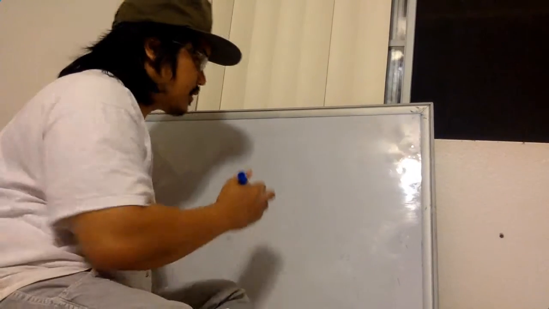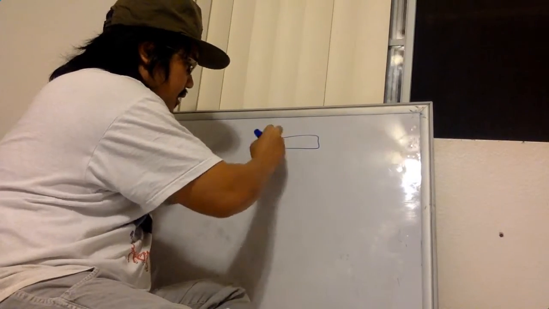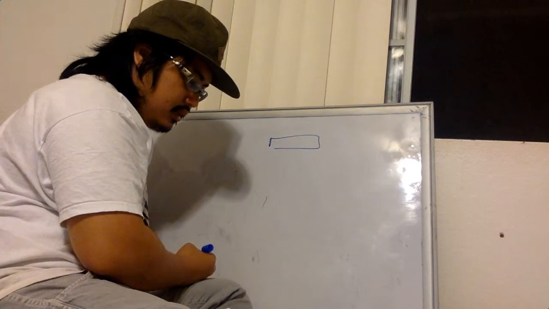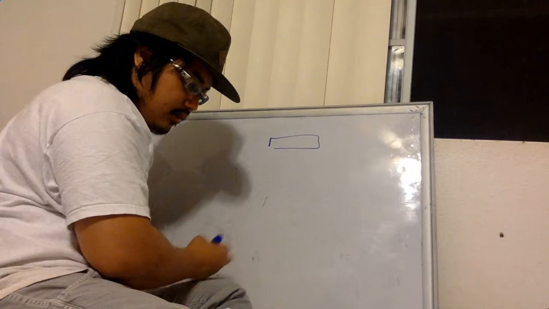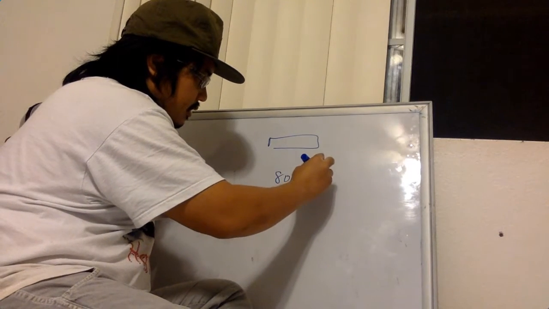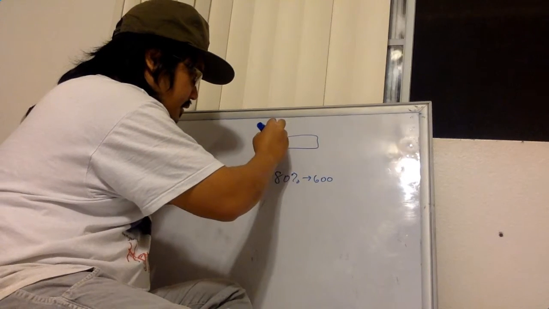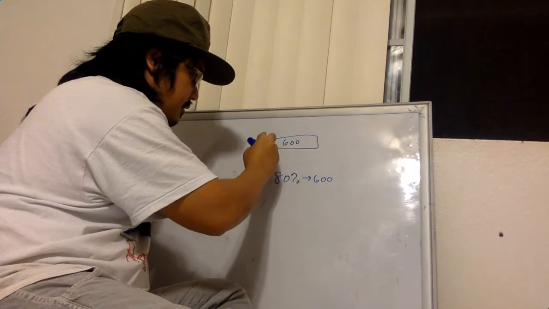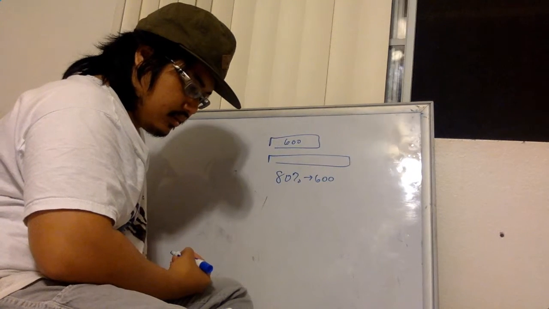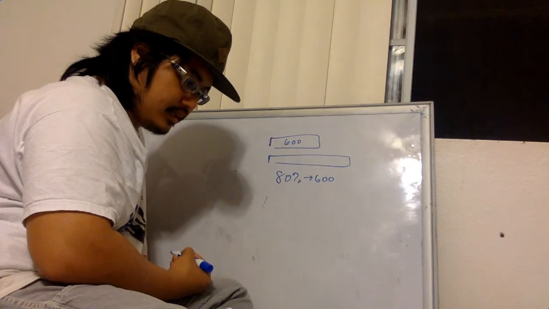All right, let's try this. I know a relation. I know the relation is 80% is equal to $600. So this is $600. This is how much he should sell the price.